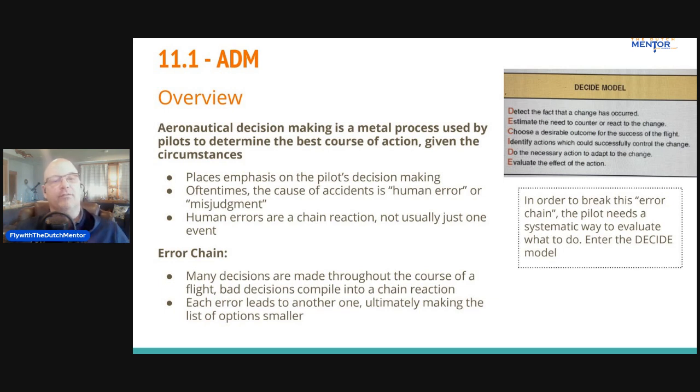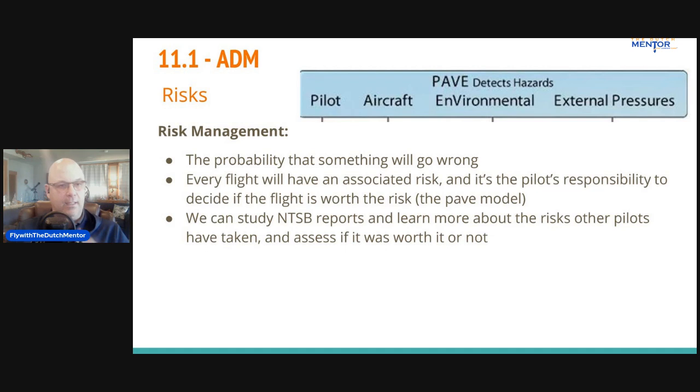We need to identify the actions which could lead to a successful outcome, do the necessary actions in order to have a successful outcome, and then evaluate to see if the actions you have chosen are the right ones. And again, this is not just in the air. This starts on the ground itself, right? Using that guideline really leads to positive outcomes.